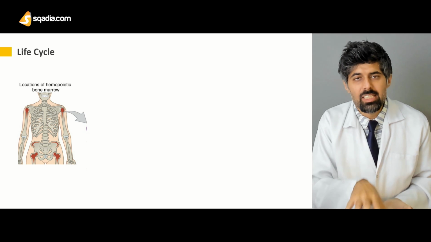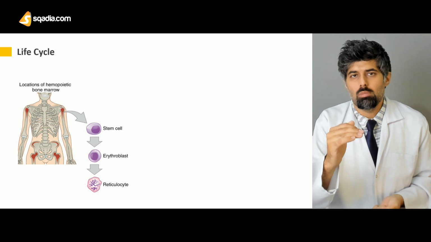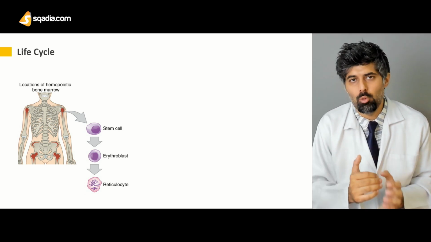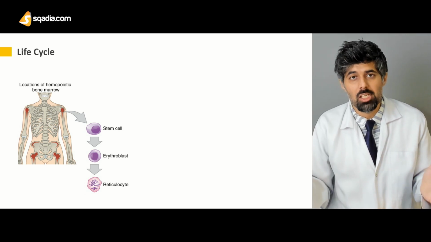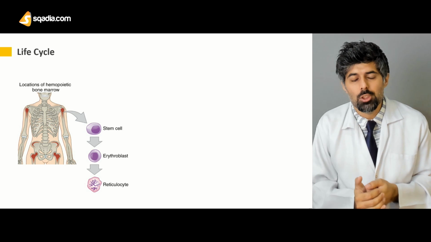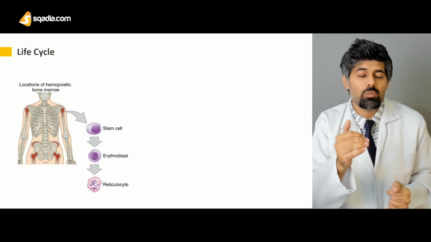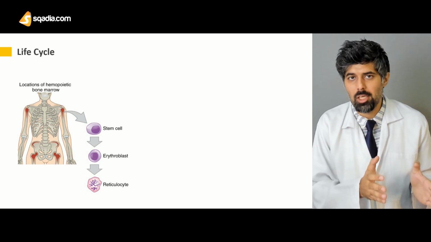At these locations, a stem cell converts into an erythroblast. That erythroblast, again of the erythroid lineage, converts into the reticulocyte. We have studied all of these three phases in much more detail in another bite.